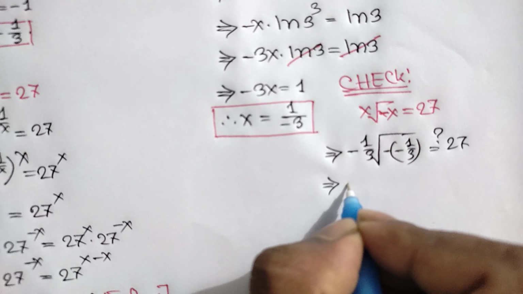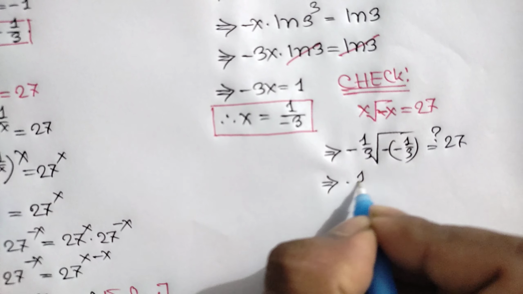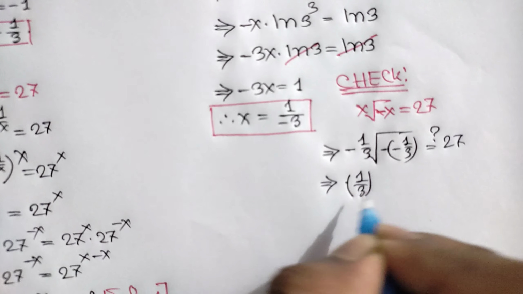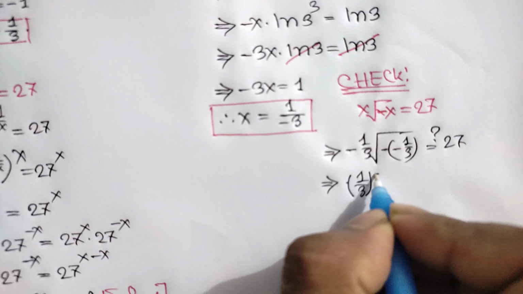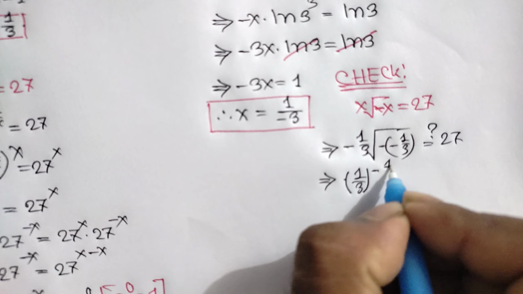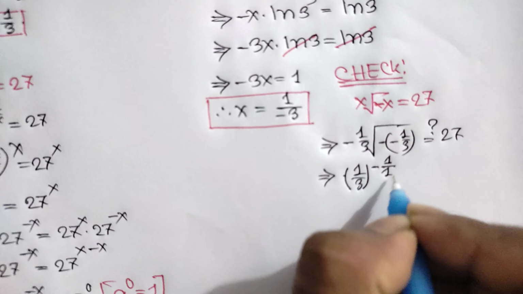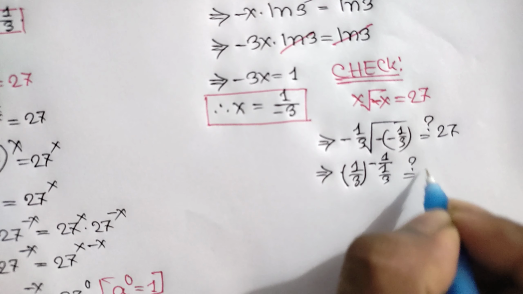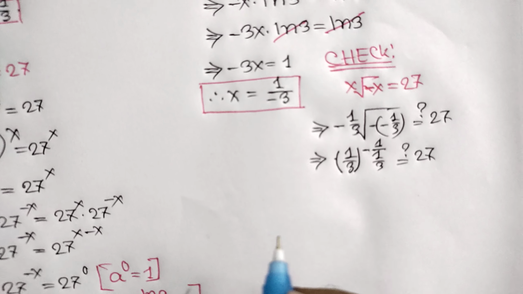Negative times negative is positive, so we can write (1 over 3) to the power negative 1 by 1 over 3, is it equal to 27?